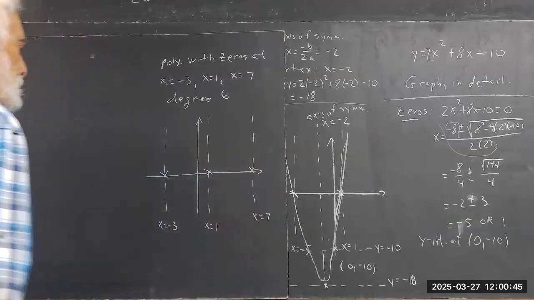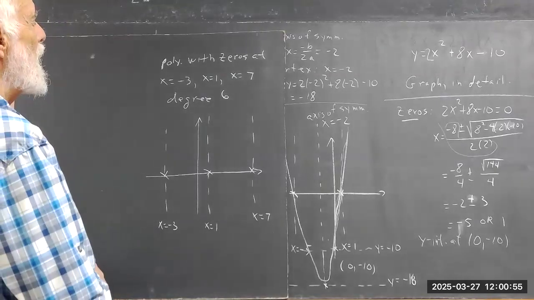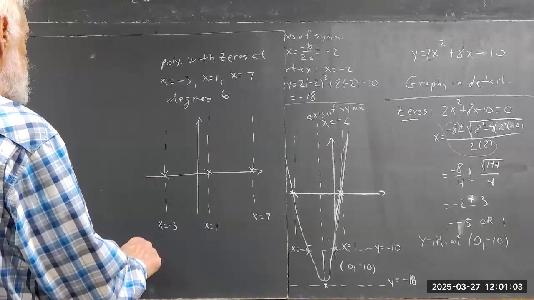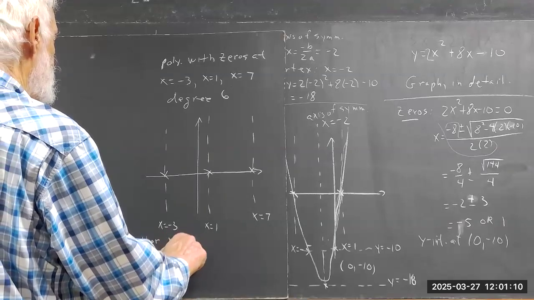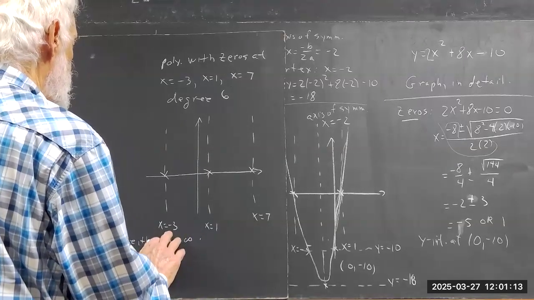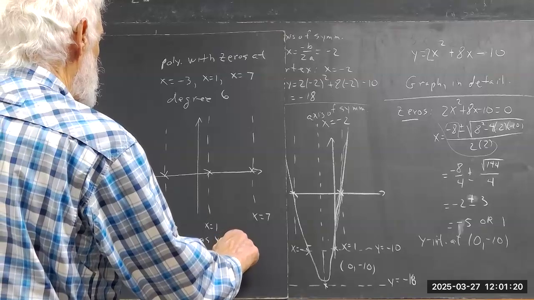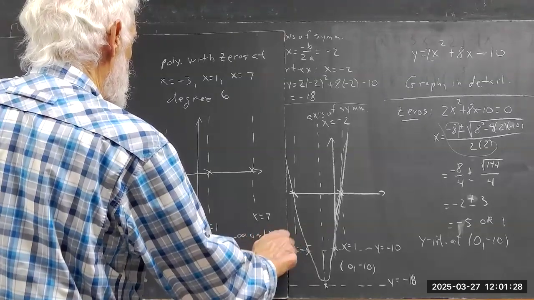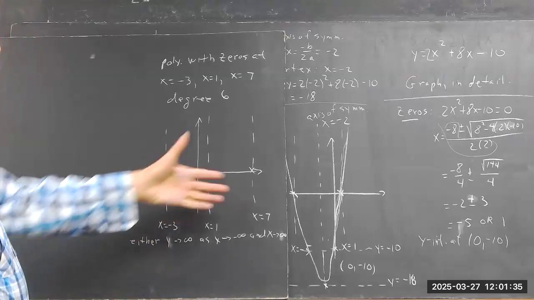Got zeros here, here, and here. If the degree is 6, you have to reason out the end behavior.